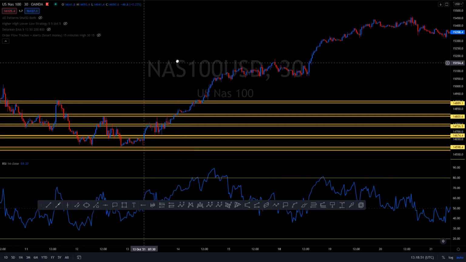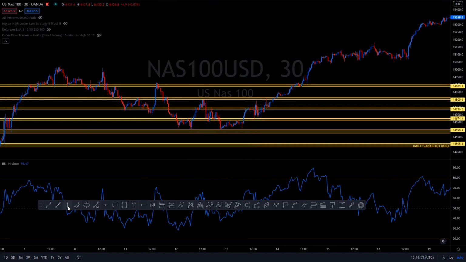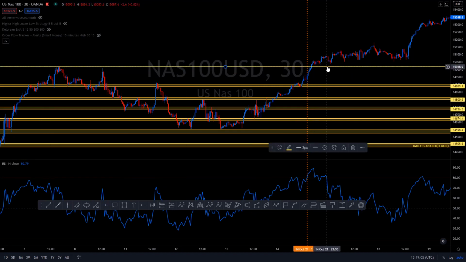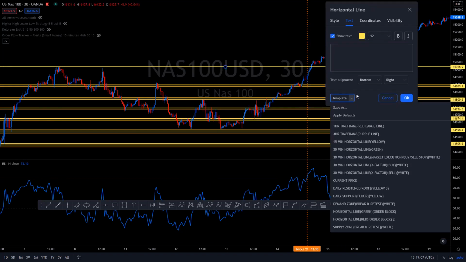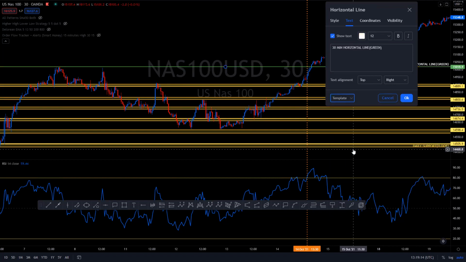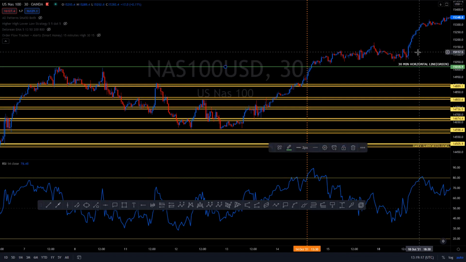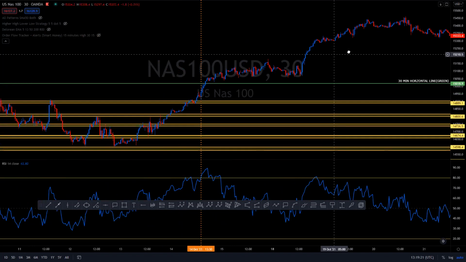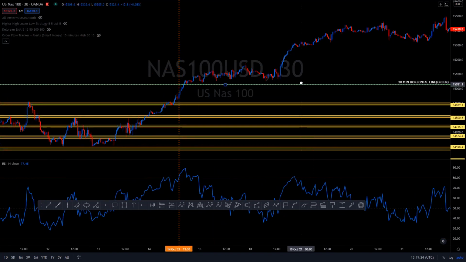All right. So then we're going to put my vertical line here. And then we're going to do the same process. We're going to start marking our market structure based off of institutional levels. So we'll do it here. So we're going to make this green, up to 30-minute here. All right. So we got that. That might be good.